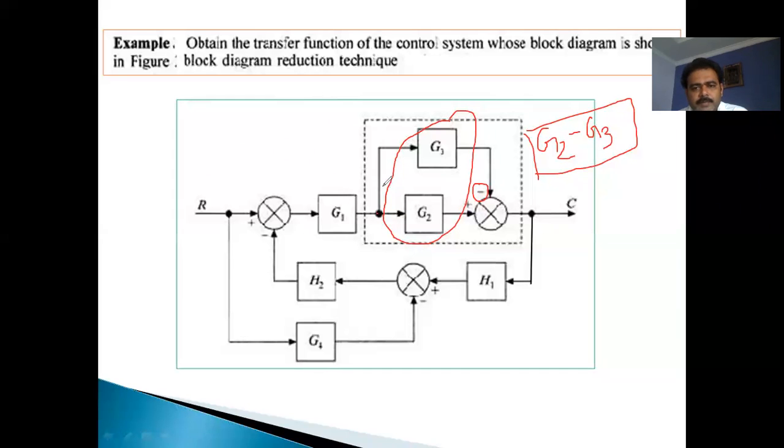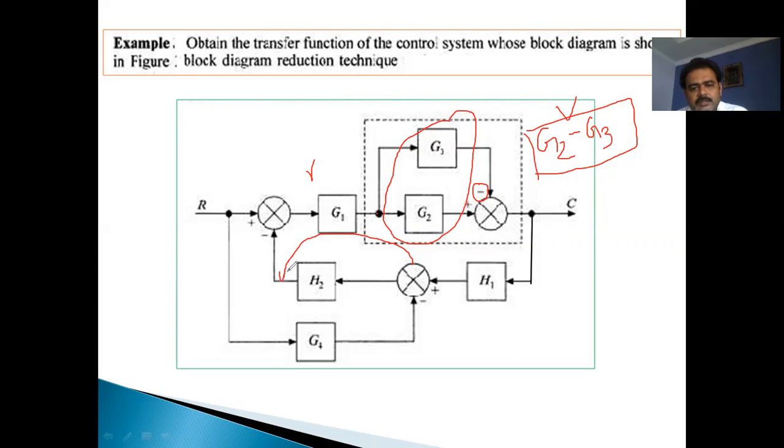Once we replace this with G2 minus G3, if we observe G1 and G2 minus G3, they are in cascade connection. We can merge those two blocks. That is step 2. Next, step 3 is moving the summing point ahead of this block.